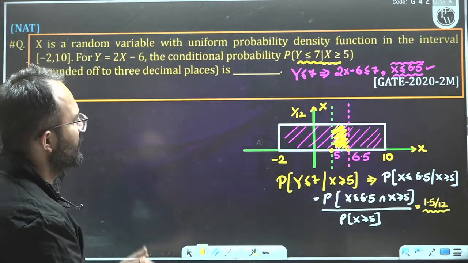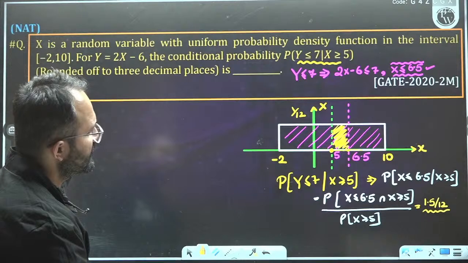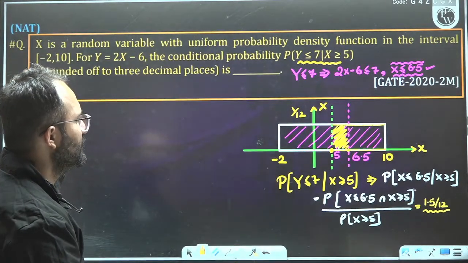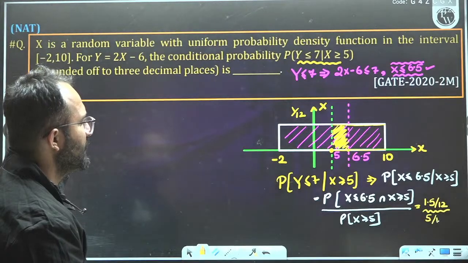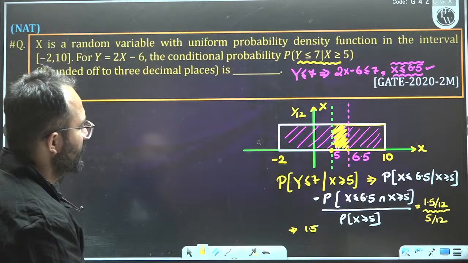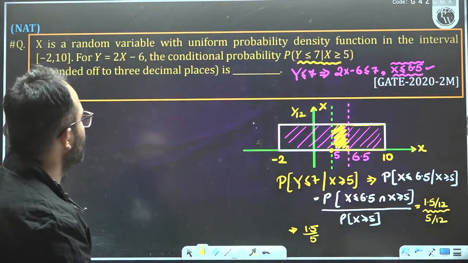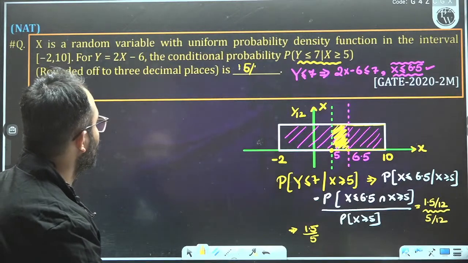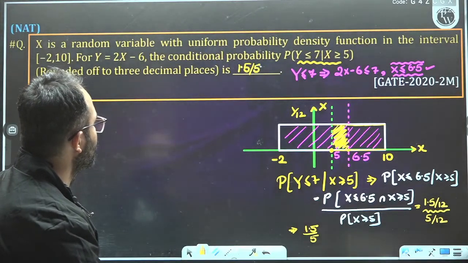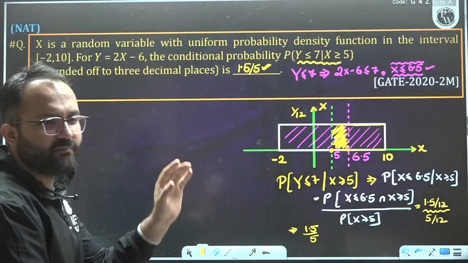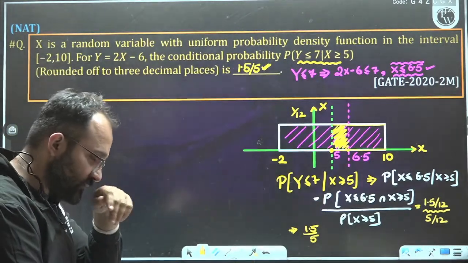For x greater than 5, what is the region? 5 to 10. So width is 5, height is 1 by 12. So the answer is 1.5 divided by 5. So like this we can solve the question. I hope all of you are able to do it. A very beautiful question friends, that we can solve very easily.